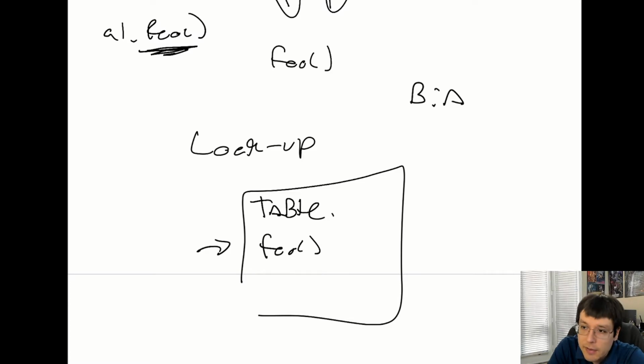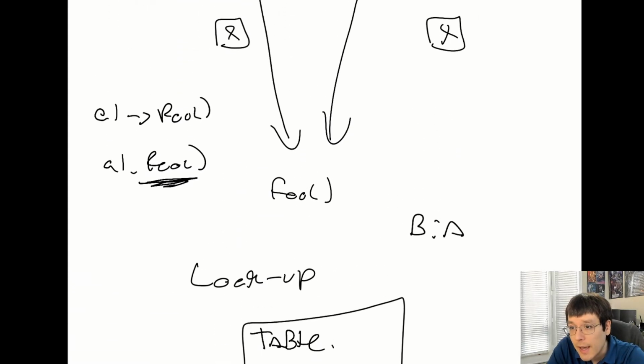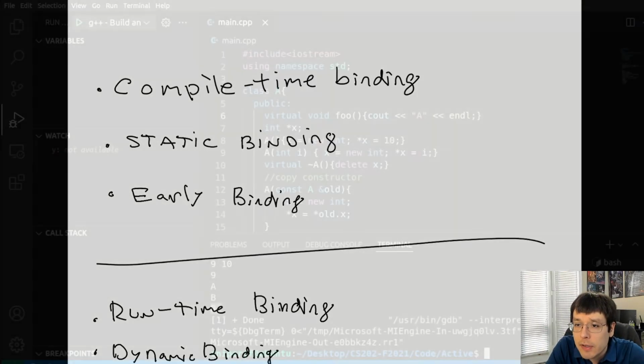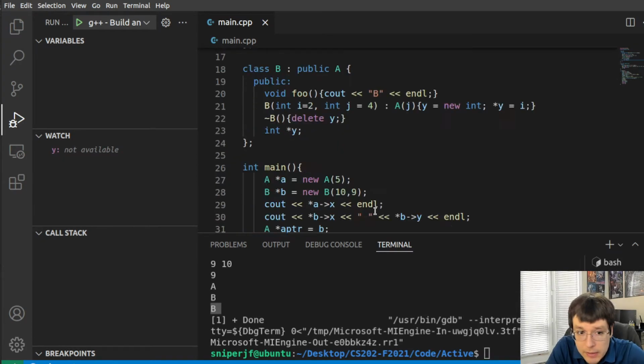It's looking in the A table when it should be looking in the B table because you fooled it. That's because at compile time, it needs to know what the type of the object is. And then you might be saying, well, it does, because you wrote the code. Sure, but now let me tell you how I could modify this code so that it's impossible for the compiler to know.